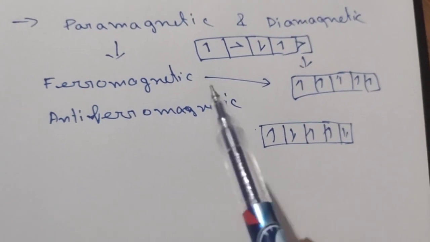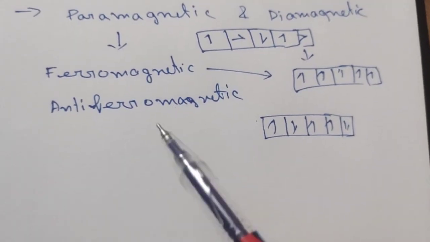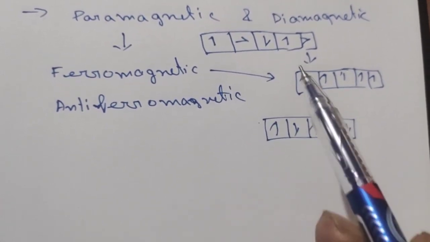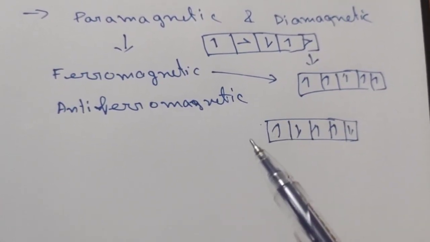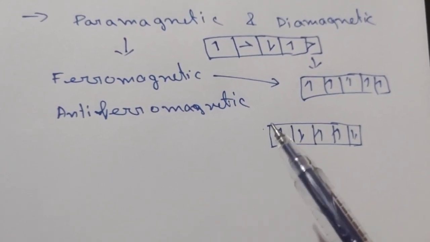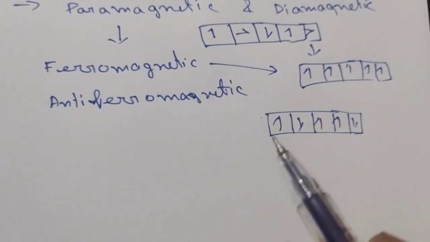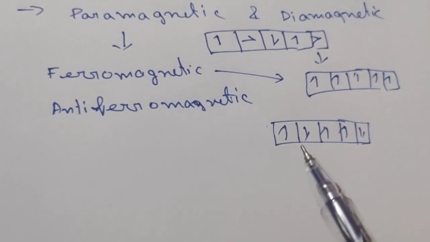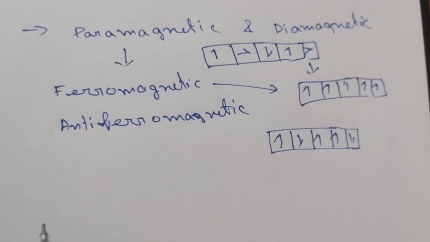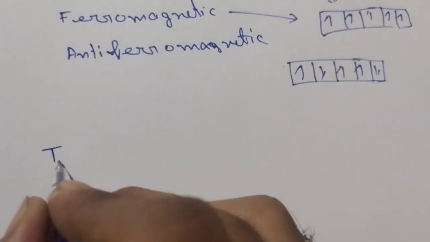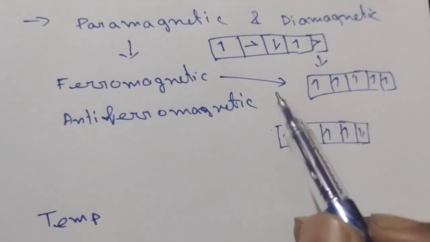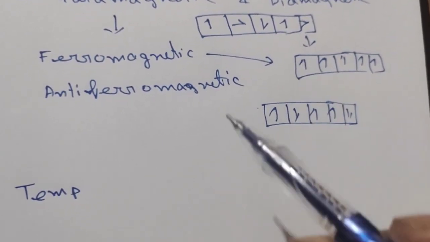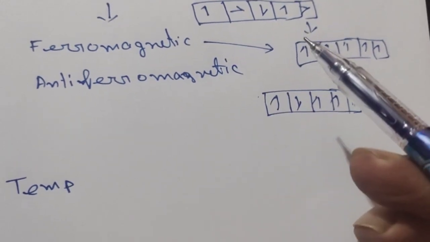Now, as we know, when we increase the temperature, the orientation of any compound changes. The stable orientation gets disturbed, due to which, as the temperature increases, the entropy increases and the orientation gets more random.